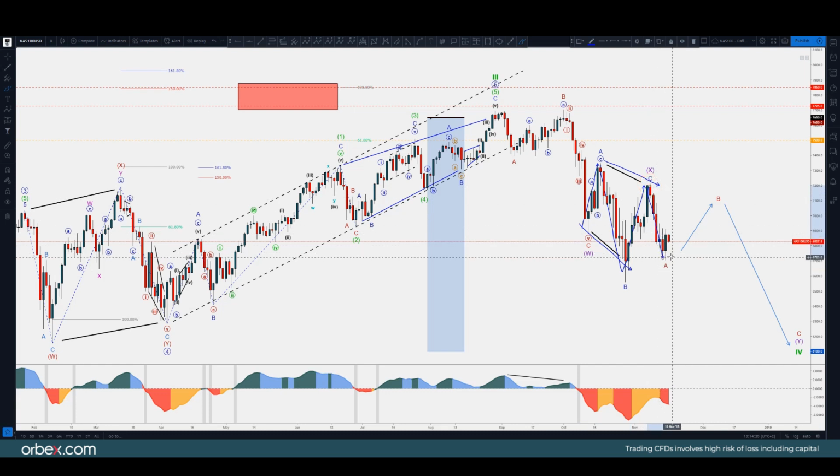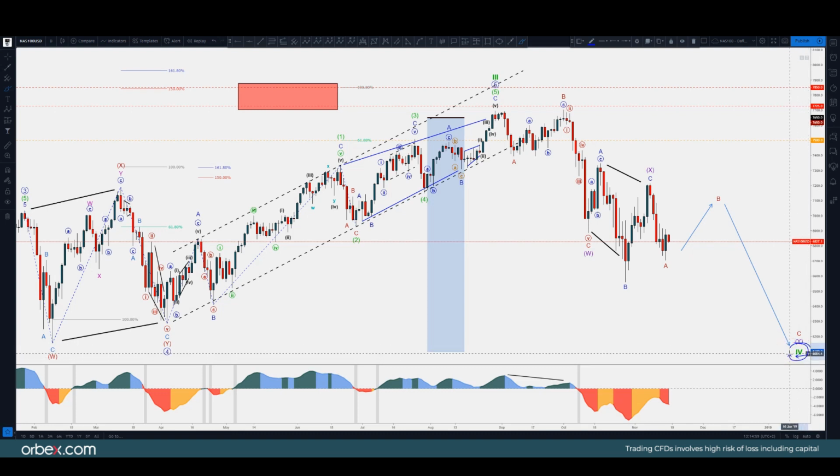So the way I'm looking at this is as an A, B, C in a running flat as well, yeah? Possibly either A, B, or 1, 2. In this type of structure, I will stick with this A and then B and then the C leg, right? And this could be quite powerful because wave 4 would typically end its price action movements in the previous wave 4 of a lesser degree.